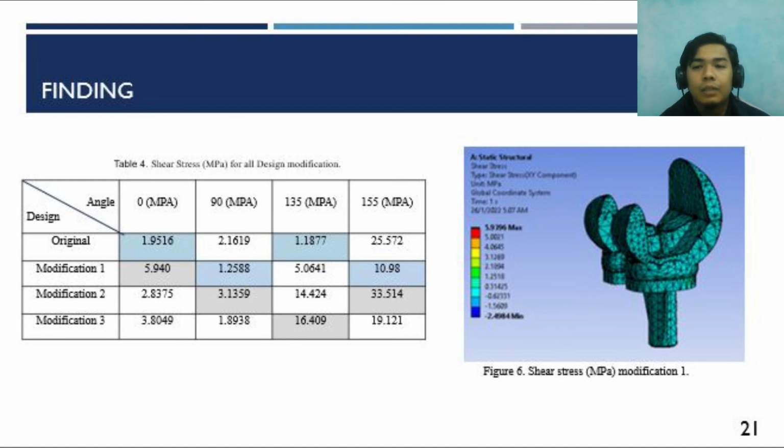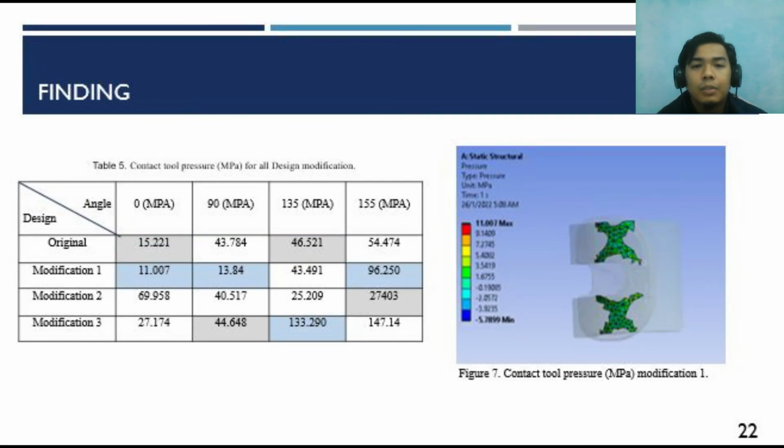For 90 and 155 degrees, modification 1 has less shear stress than the others. Based on the table, for contact tool pressure, modification 1 has the lowest amount of contact pressure at all angles of flexion except at 135 degrees, where modification 2 has the least contact tool pressure.